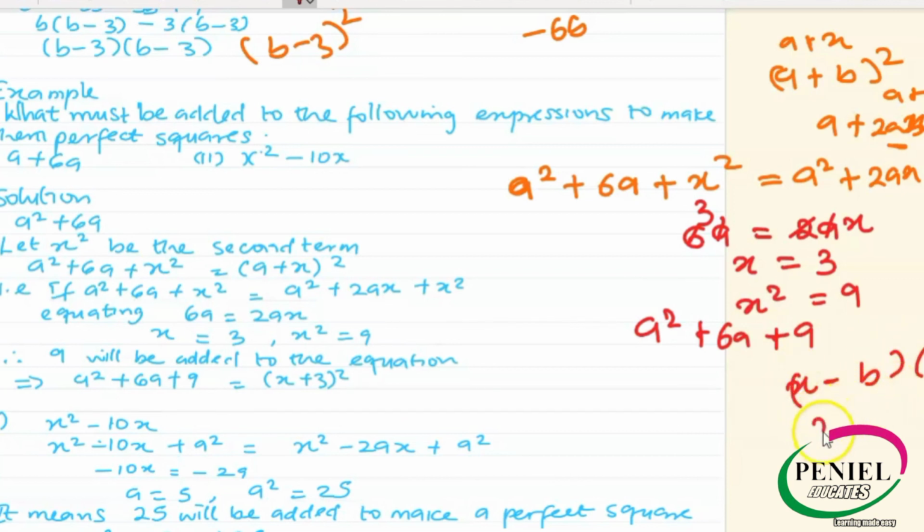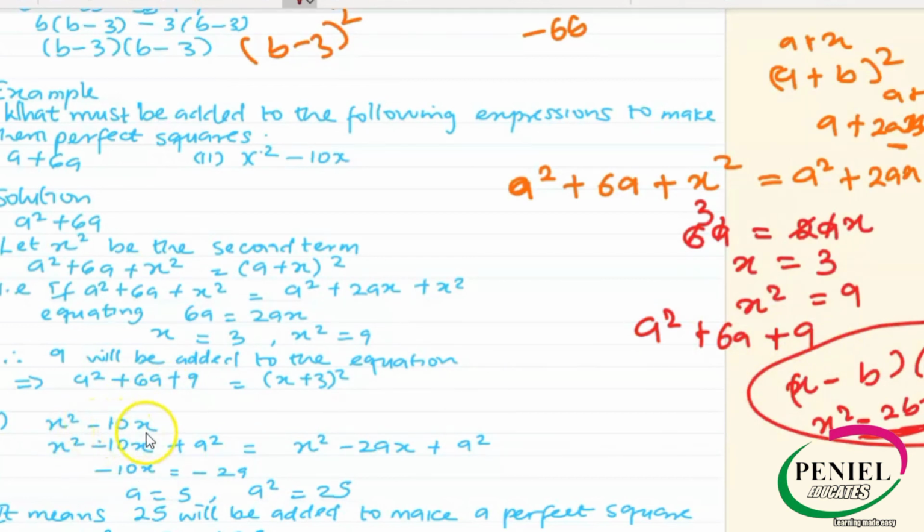So we're going to have x squared minus 2bx, then a positive b squared. Once you have a minus here, as you have now, definitely you should know that what you're going to use is this particular form of expansion.